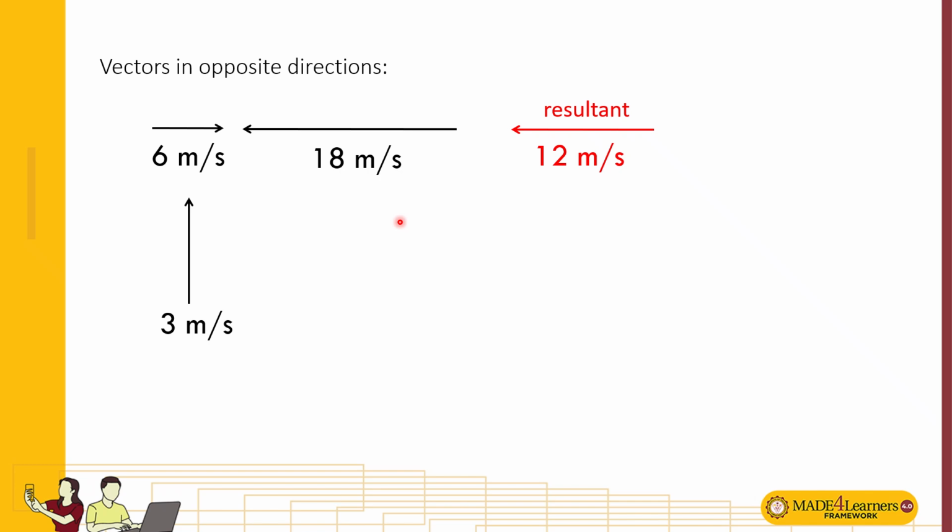So for the second set, we have 3 meters per second upward and 2 meters per second downward. So the summation is upward and with a magnitude of 1 meter per second. So this would be positive 3 and negative 2. So if you add them, the result is positive 1, meaning the direction is upward.